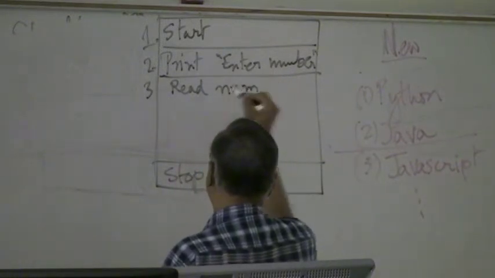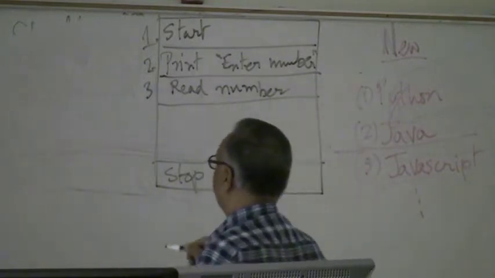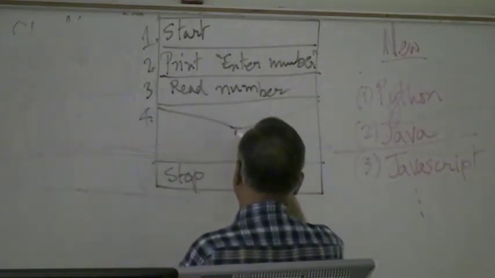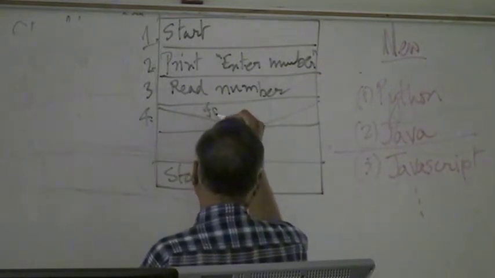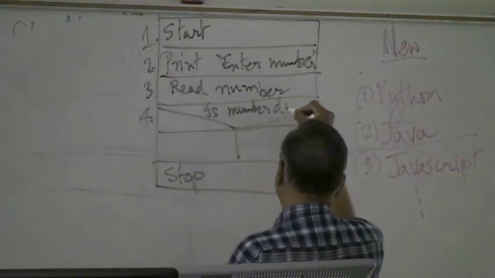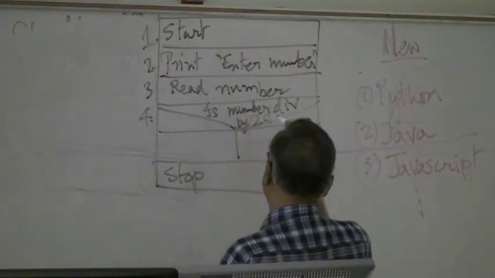Read the number. Number 4 will be comparison with 0. I mean, is number divisible by 2? That's good enough, isn't it, in English?